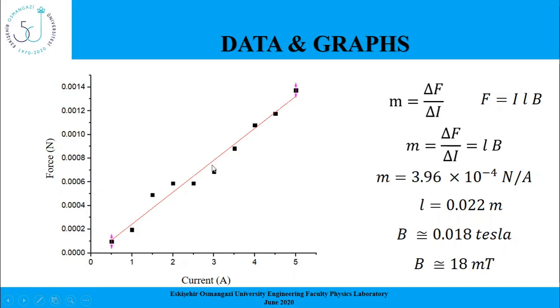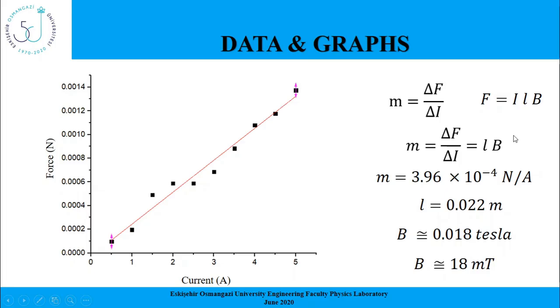So the calculated slope here is 3.96 times 10 to the minus 4 Newton per ampere.